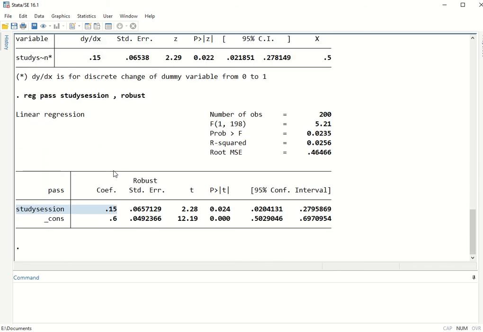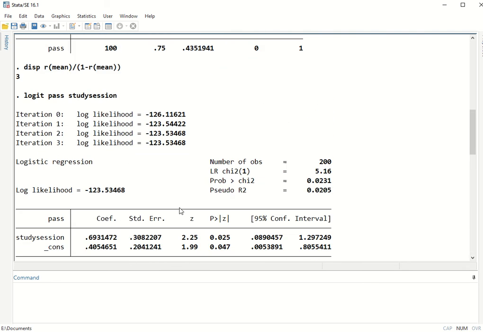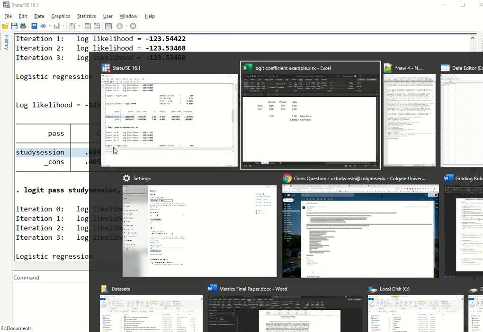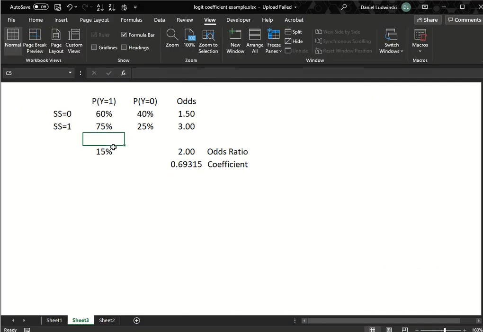So that hopefully helps you think through how to interpret these results. The 3 things that we can get from basic logit coefficients like this: the sign matters. The fact that this is positive tells you that the study session is increasing the rate of passing.